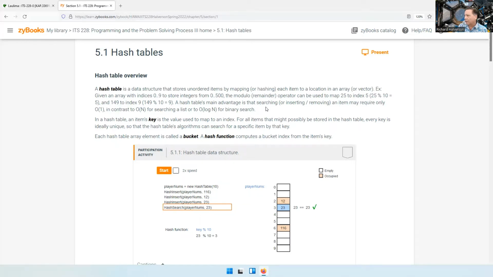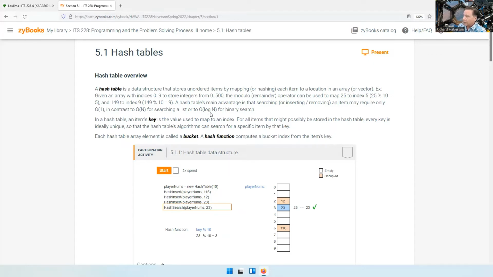A hash table's main advantage is searching, inserting, or removing. Searching may require, best case, order of one operation, whereas if you're searching linearly, you possibly may have to look at every single item before you know whether it's even in the list.